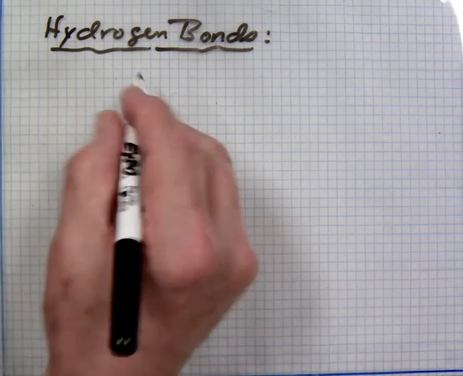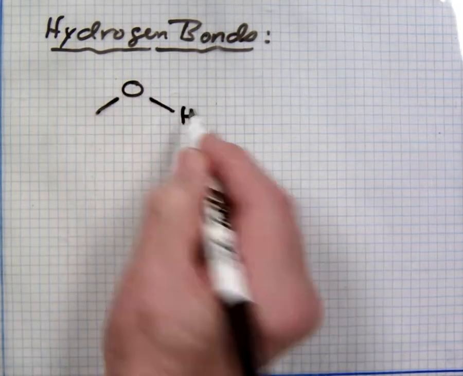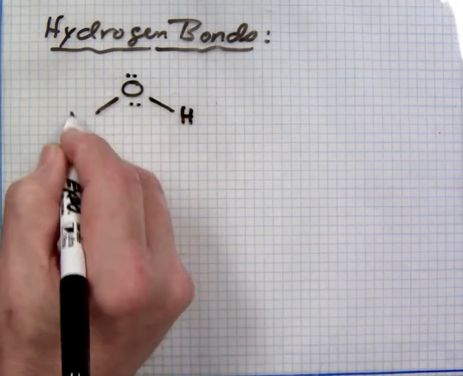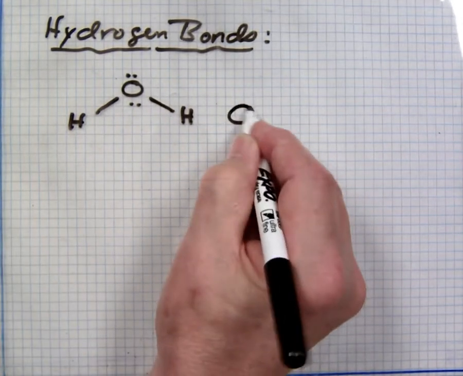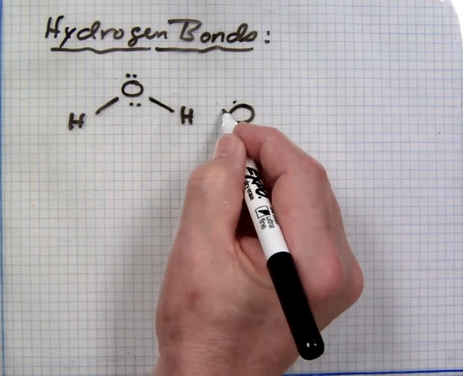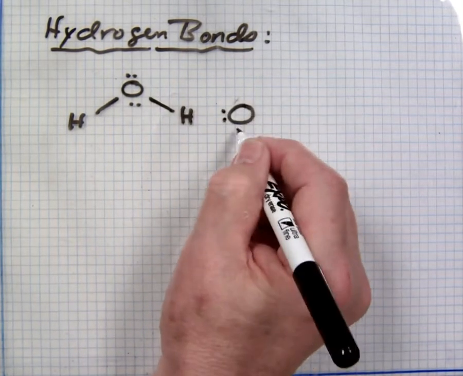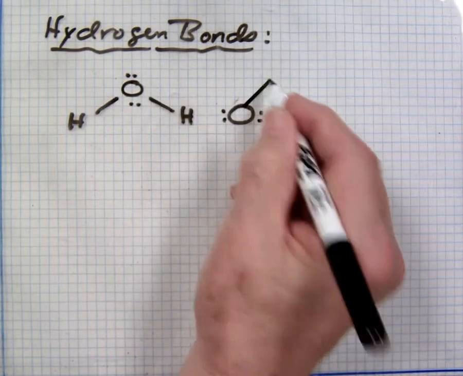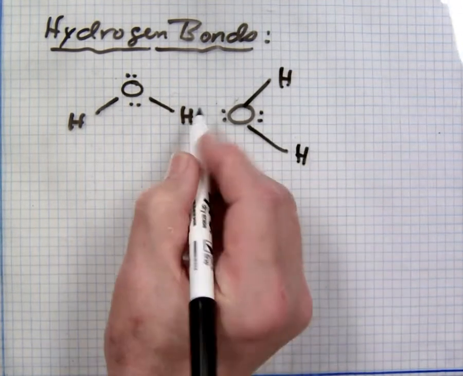A hydrogen bond, I'll draw one out for water real quick and give you a graphic of it. Water is a bent angular molecule, with a couple of non-bonded pairs on the oxygen, and it will interact with the non-bonded pair on another water molecule, like this.